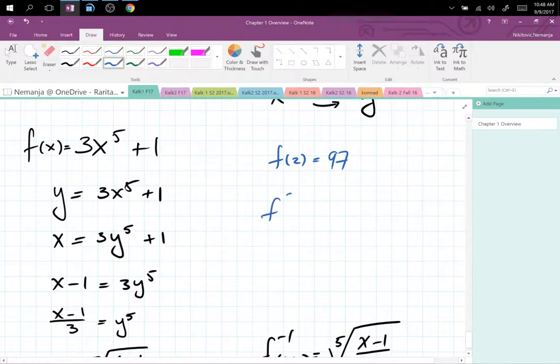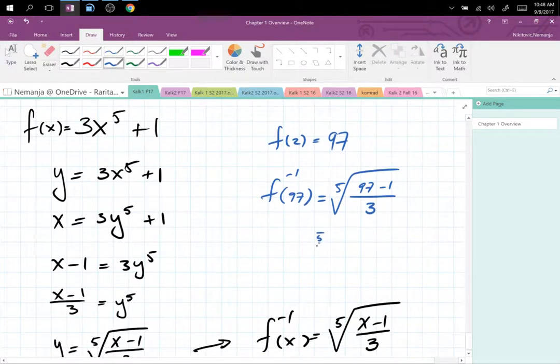When you plug that into the inverse, 97, you get the fifth root of (97 minus 1) over 3, which is the fifth root of 96 over 3, which is the fifth root of 32, which is 2. Keep tracing and plugging things in.